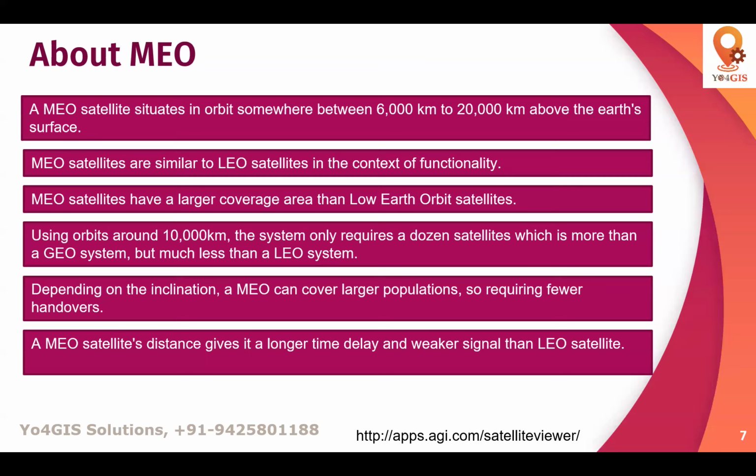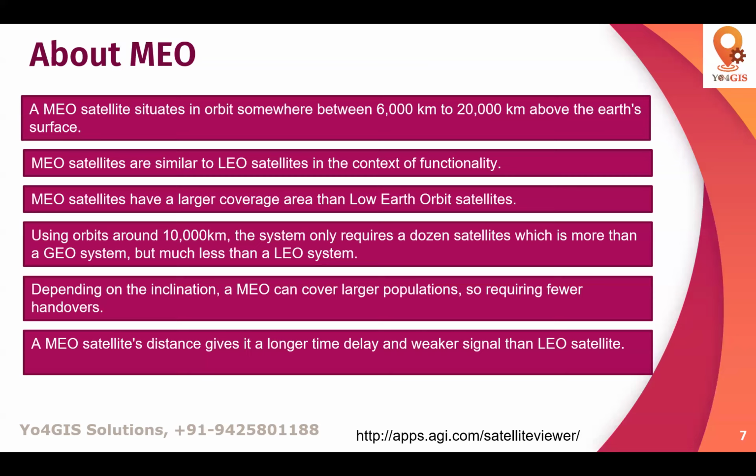Using an orbit around 10,000 kilometers, the system only requires a dozen satellites, which is more than a GEO system. The situation is the same: if I want to cover the entire Earth, it requires more than 12 satellites if we go with the MEO.